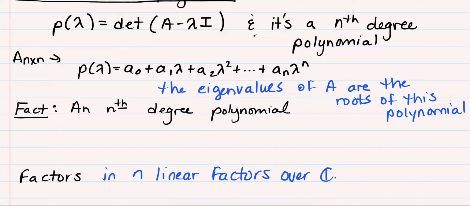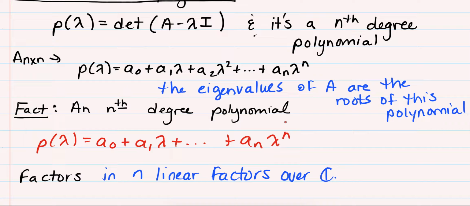And I wanted to put an nth degree polynomial that looked like this. P of lambda is a0 plus a1 lambda, and so on. Just repeating what I have up here. This thing is going to factor into n factors.